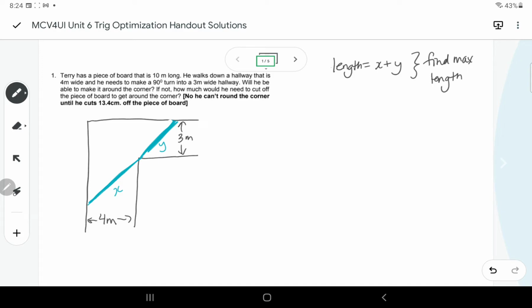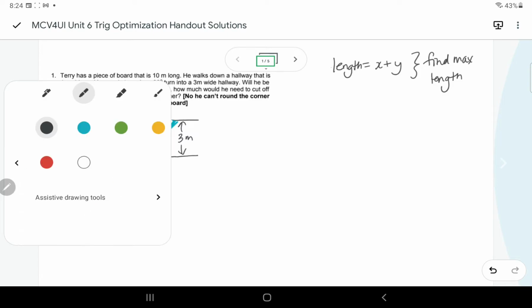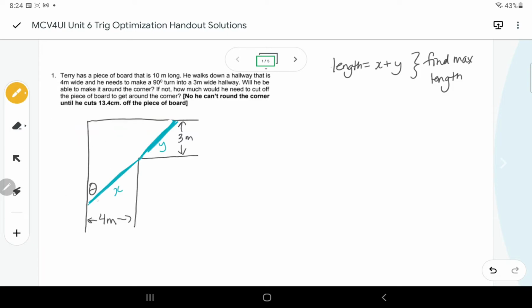Now, because this is in the trig section, we know that these x and y, how much of the board is in each hallway, is going to change based on the angle that you're moving it. So we know that there's some kind of angle relationship when the board is let's say back here and going like that.